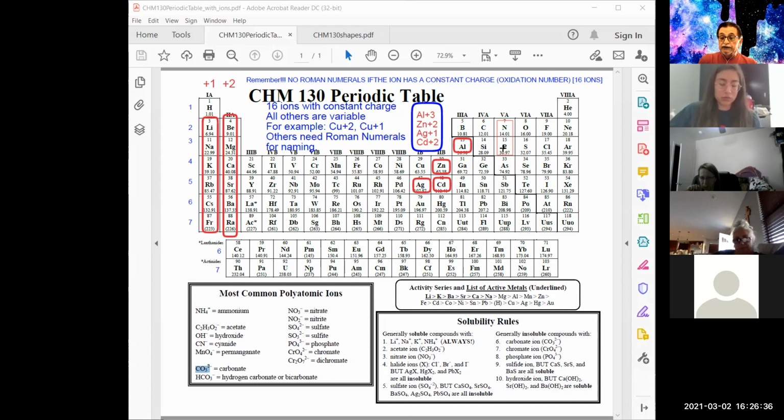When they become ions, they gain 3 electrons. Oxygen, sulfur, selenium. So, okay, when they become ions, because they're in group 6, they have a -2 charge. And then the halides, all of them, I'm just going to stop at iodine, they are in group 7, so they become a -1.